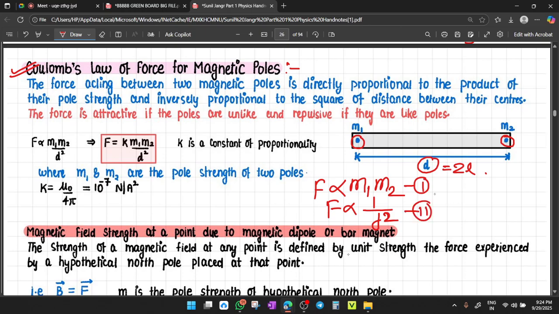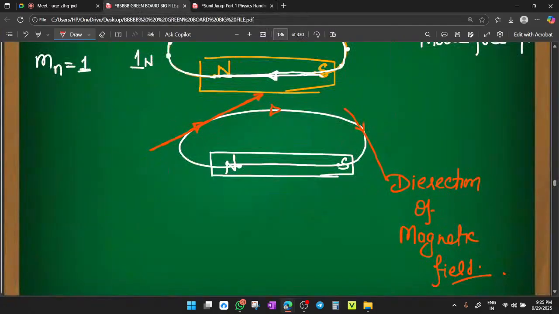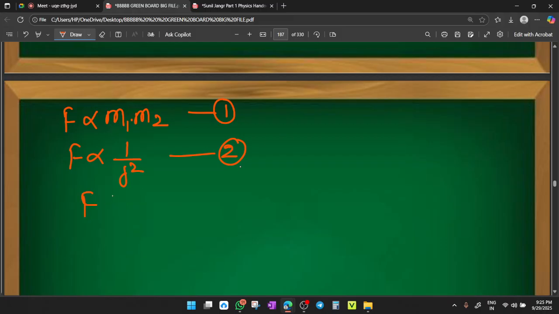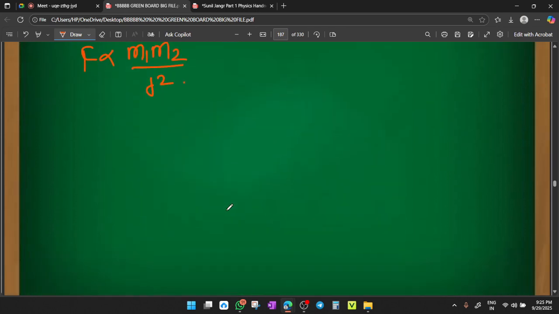Now, combining equations 1 and 2, you will have F is proportional to m1 m2 upon r square. If you eliminate the proportionality sign, we have derived that F is proportional to the product of pole strengths, which is equation number 1, and F is inversely proportional to the square of the distance between the poles. Combining first and second, F is proportional to m1 m2 upon d square.